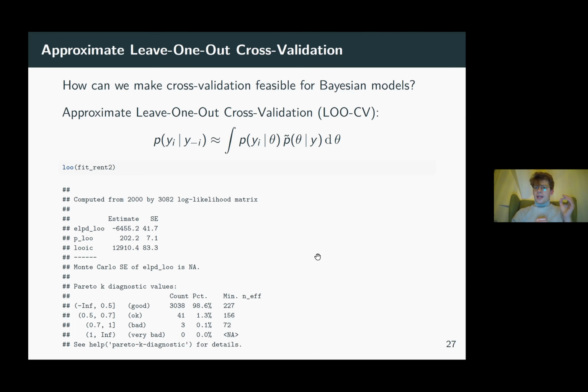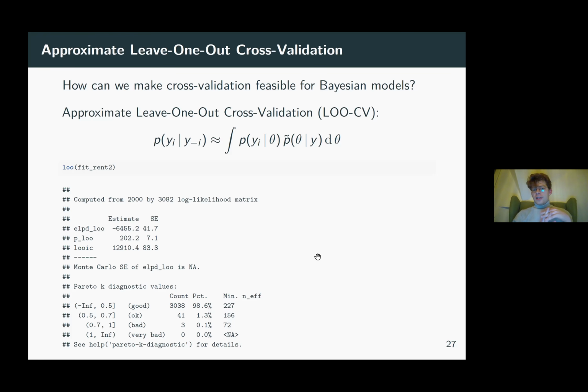And this can be approximated quite efficiently because the gap between the full model with all observations and the model without one single observation is quite small. So we can bridge that gap efficiently using importance sampling to get an approximate out-of-sample leave one out cross-validation without actually having to refit the model.